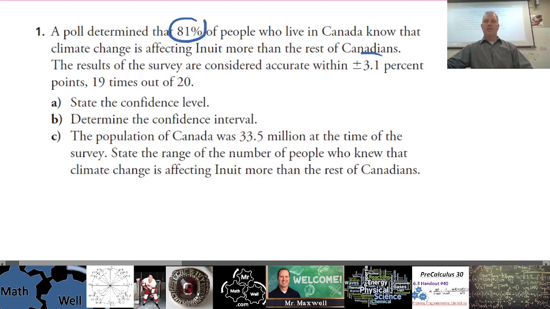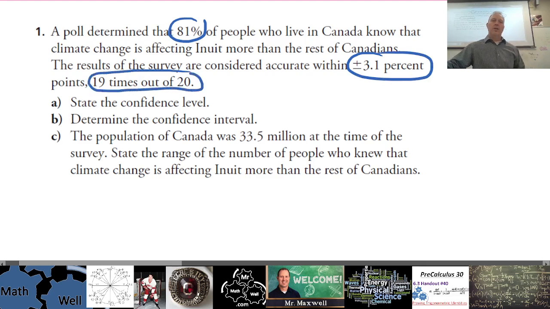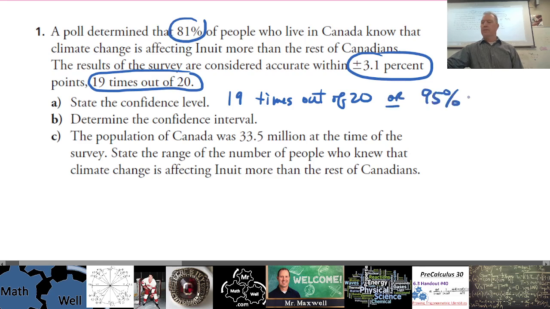Here's our margin of error. And here's our confidence level. So the confidence level is 19 times out of 20. Or I will let you say the percent there. So or 95%. Okay?